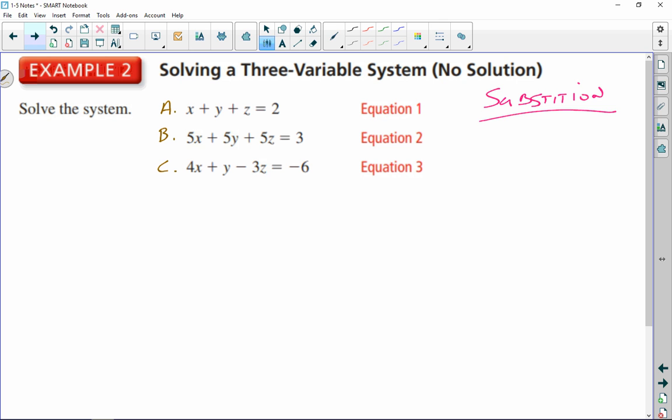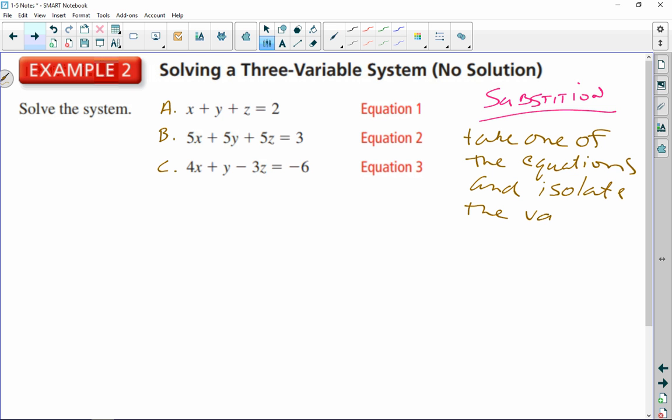Somebody may like this method better. I have to take one of the equations and I have to isolate what? One of the variables. Okay, so write that down. Take one of the equations and isolate the variable.